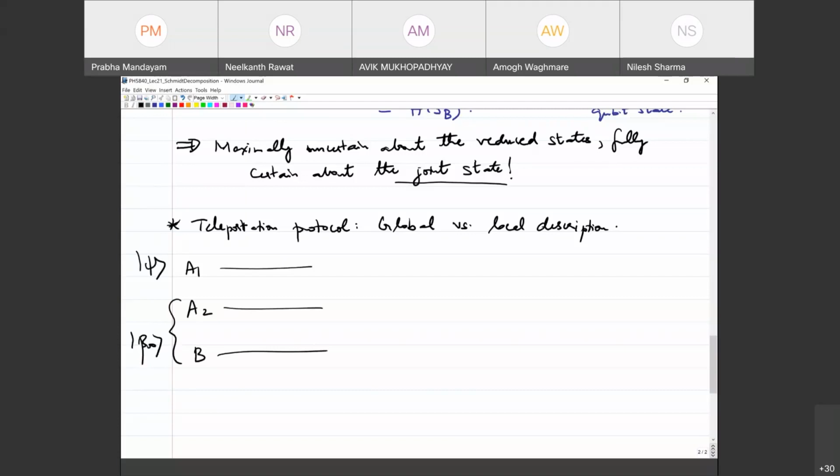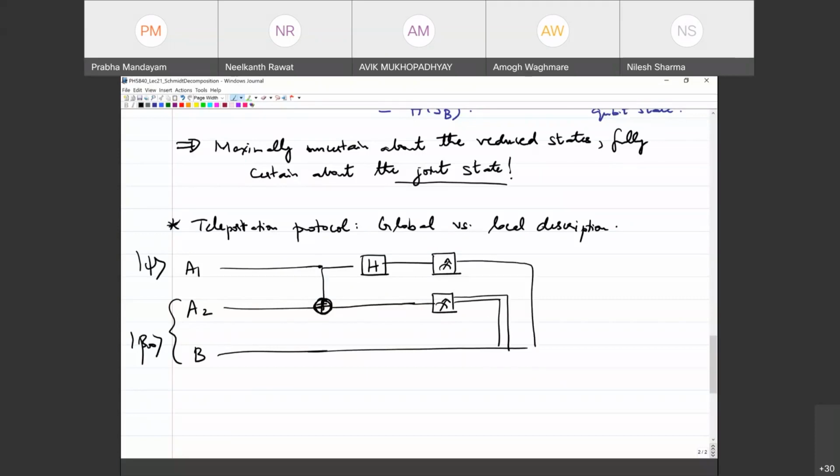We did a CNOT followed by a Hadamard, and this was followed by measurements. And conditioned on the measurement outcomes, Bharat had to do some local gates in his system, right? And then the state psi was realized here, right?